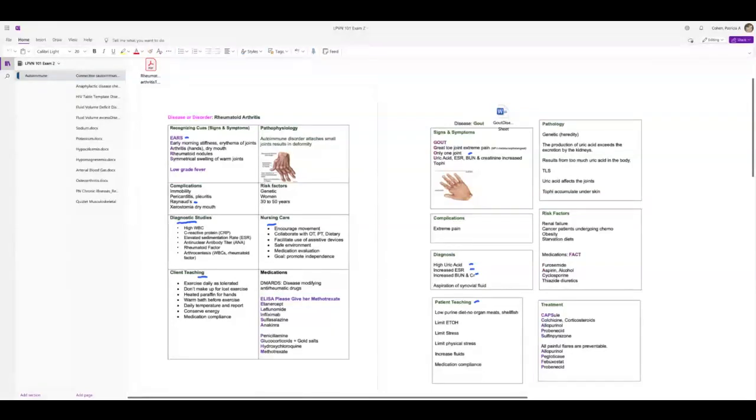The diagnostic studies: the high WBC is due to inflammation. C-reactive protein is an inflammatory marker, so it's non-specific to rheumatoid arthritis, but you will see it elevated when there is inflammation in the body, okay? They will also have an elevated sedimentation rate, same thing.